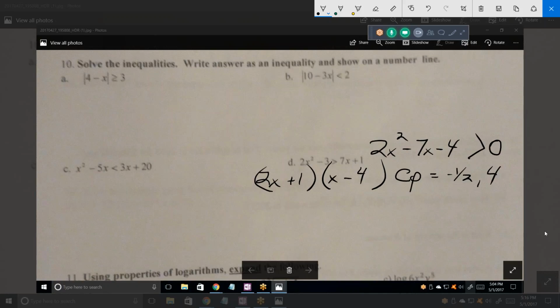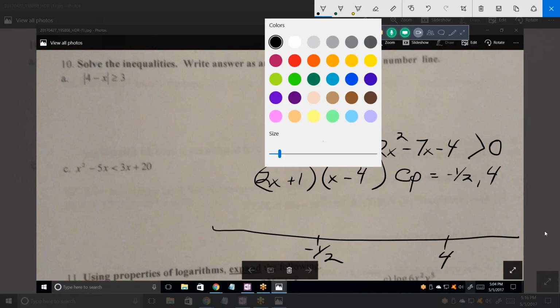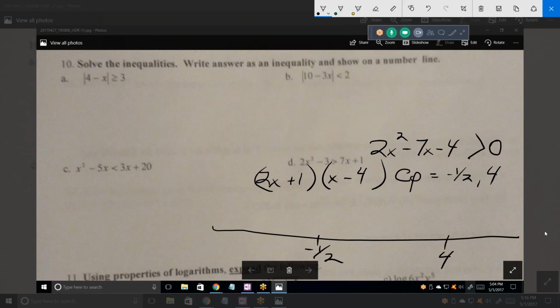Now what do I do? You put them on a number line. Now what do I do? And take a number that's lower than -1/2. Okay, give me a number. -1.